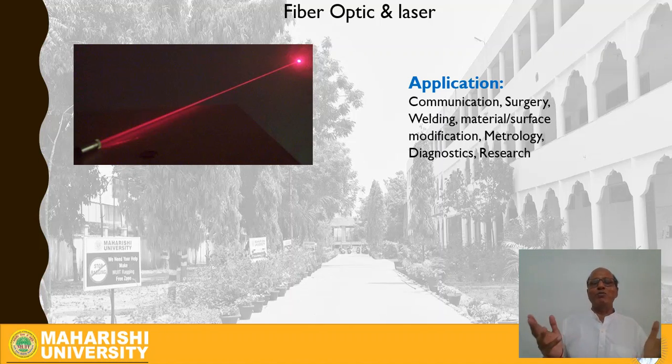So the advantage of such a fiber optic based laser system is that you can manipulate the optical fiber to change the direction of your working. The application areas are the same: communication, surgery, welding, materials, surface modification, metrology, diagnostics, and research. So I have tried to introduce you to the subject we are discussing.